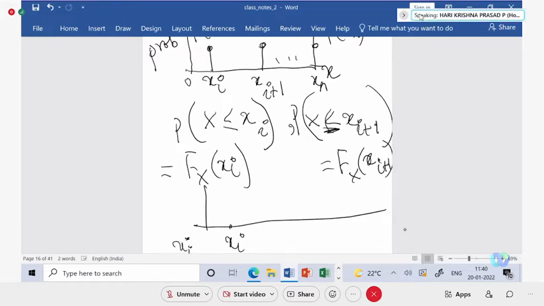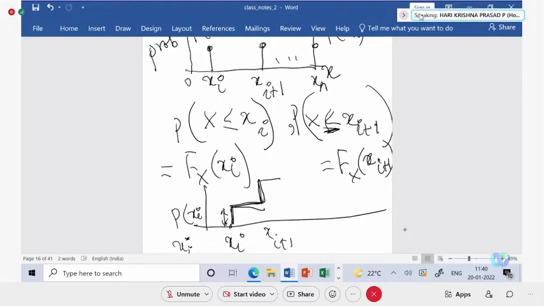There are no events, right? So at x equal to xi, the probability jumps. By what amount does it jump? P of xi.